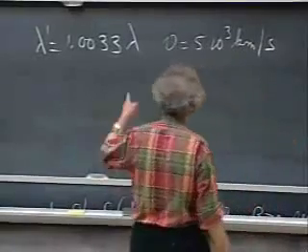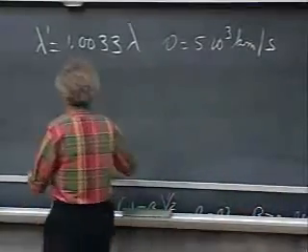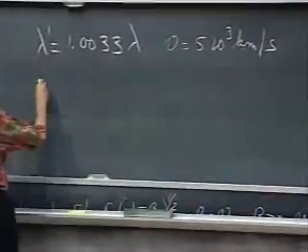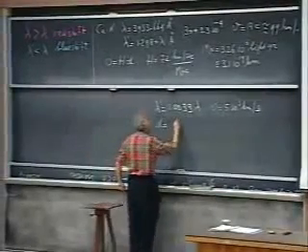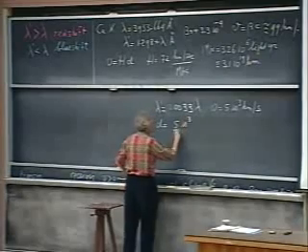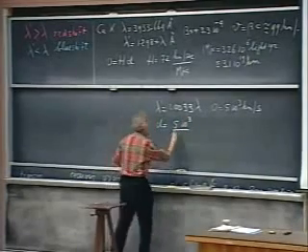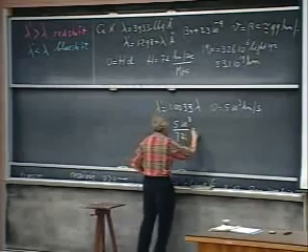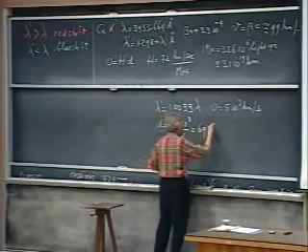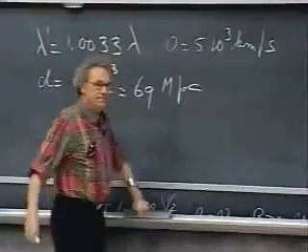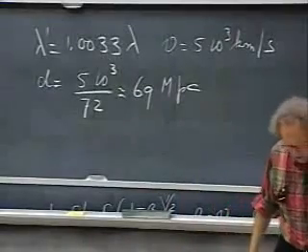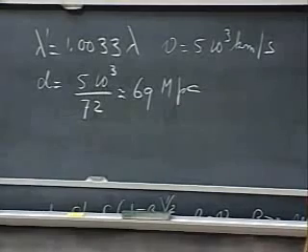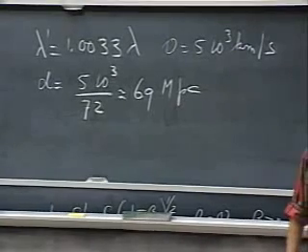But now with Hubble's law, I can calculate what d is, because d now is the velocity, which is 5,000 kilometers per second, divided by that 72, and that then is approximately 69 megaparsec. Again, we have the distance, if we do it in these units, in megaparsecs. That's about 225 million light years.